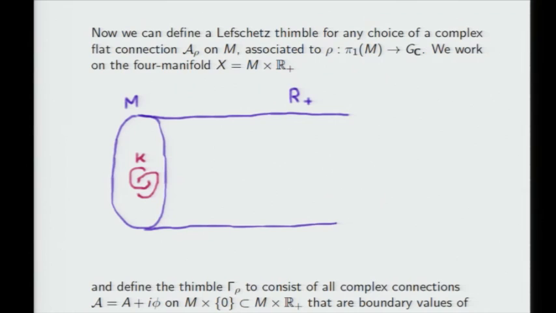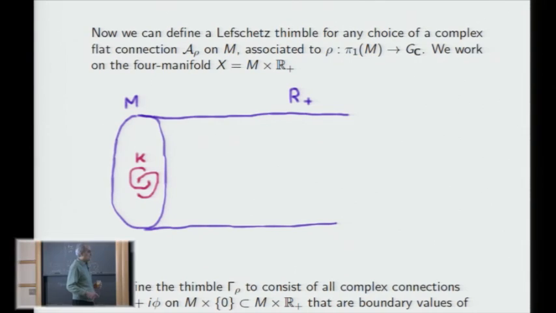But now what we're flowing is a connection on a three-manifold. So we have to work on a half line times a three-manifold. And we study the gradient flow equation, which means the KW equations, for a pair consisting of a connection A and the one-form phi, which you can think of as a complex connection on a three-manifold. So we flow a three-dimensional connection by solving this four-dimensional equation on a three-manifold times a half line.